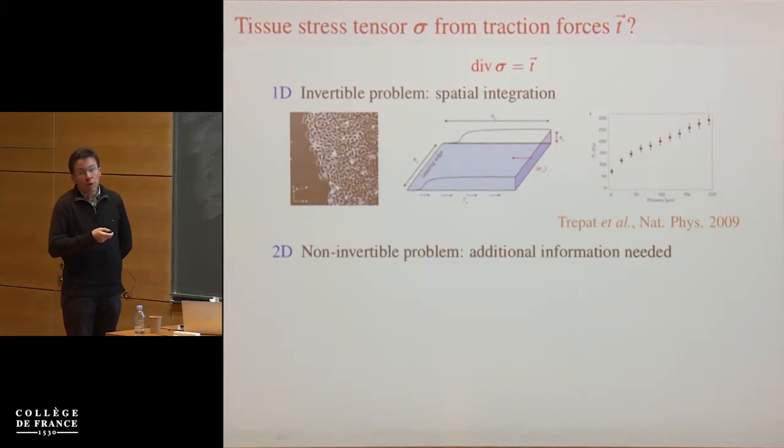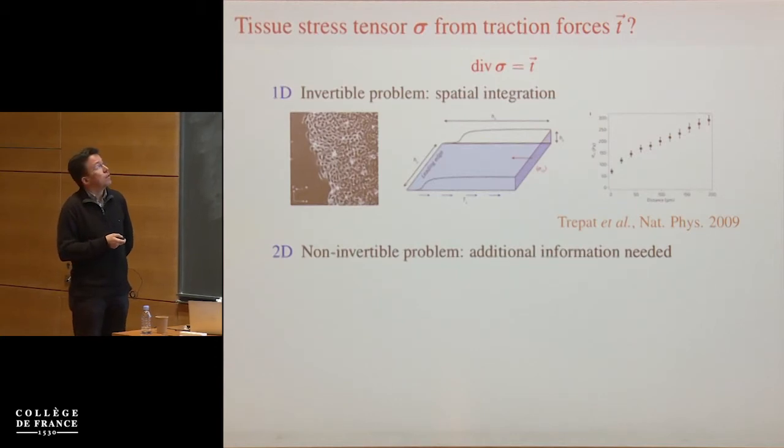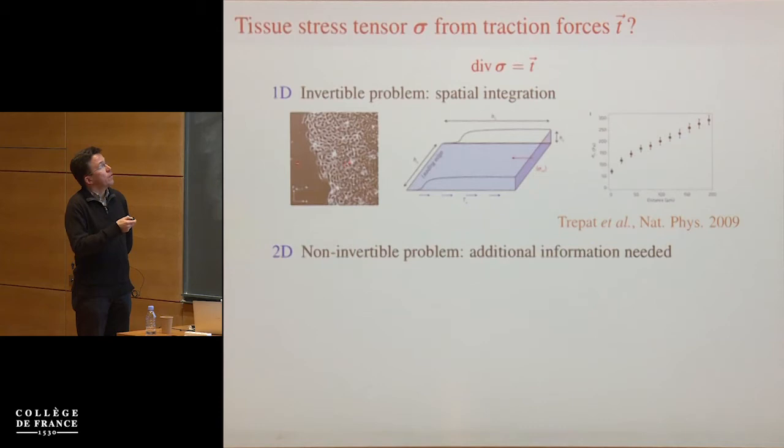We have to invert a large rectangular matrix, which of course is not possible. So there is one particular case where integration or inversion is easy. It's the case where the system is one-dimensional or quasi-one-dimensional. And this will be the case, for instance, when a tissue expands into free space with approximate statistical invariance along the axis perpendicular to the direction of spreading. So in that case, we can define 1D quantities in the direction of spreading by averaging over the other direction.